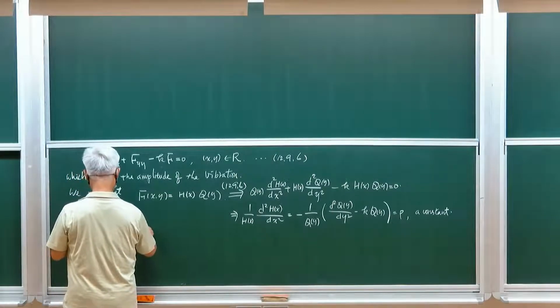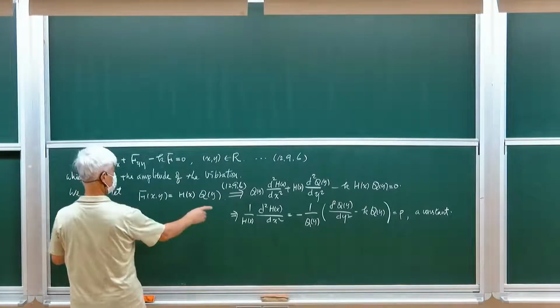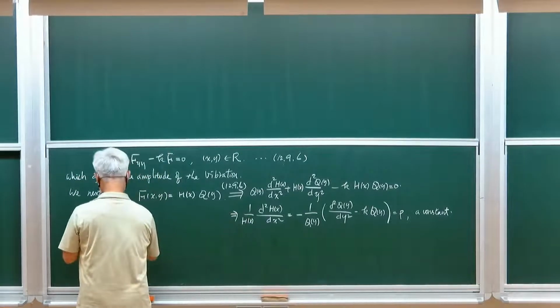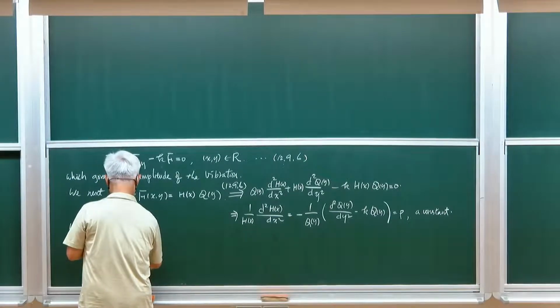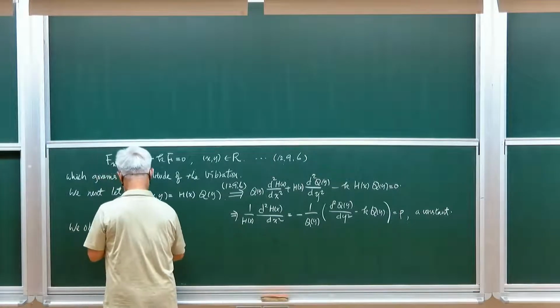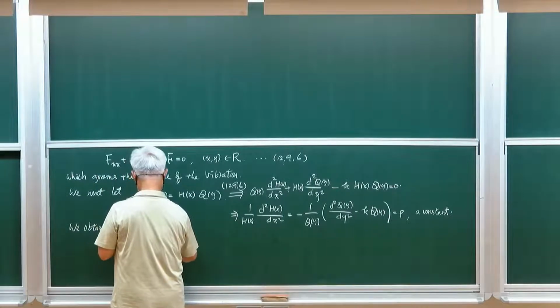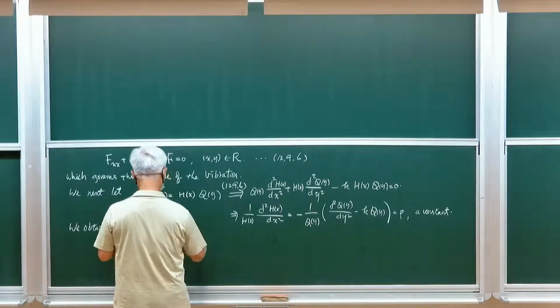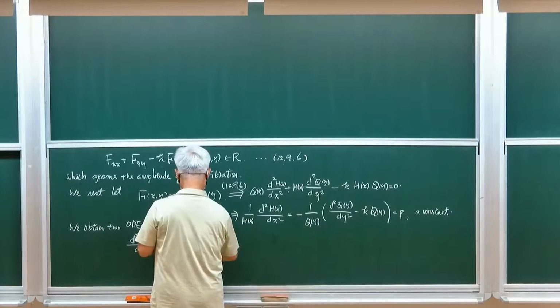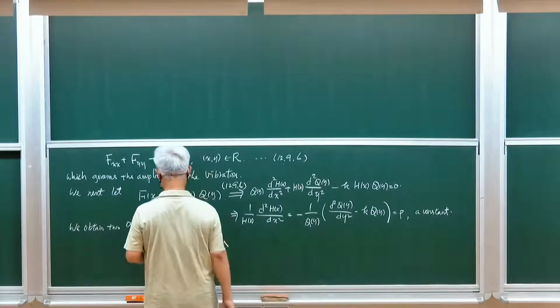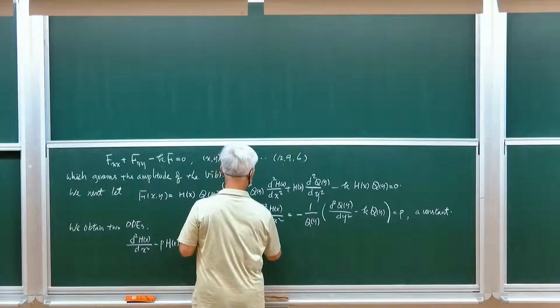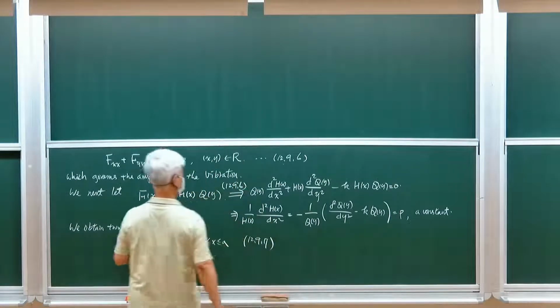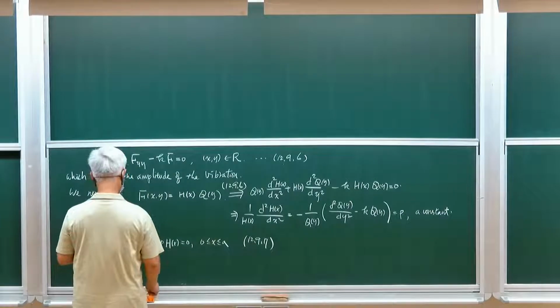The first one would be minus pH equal to 0, and this is equation 12.7.